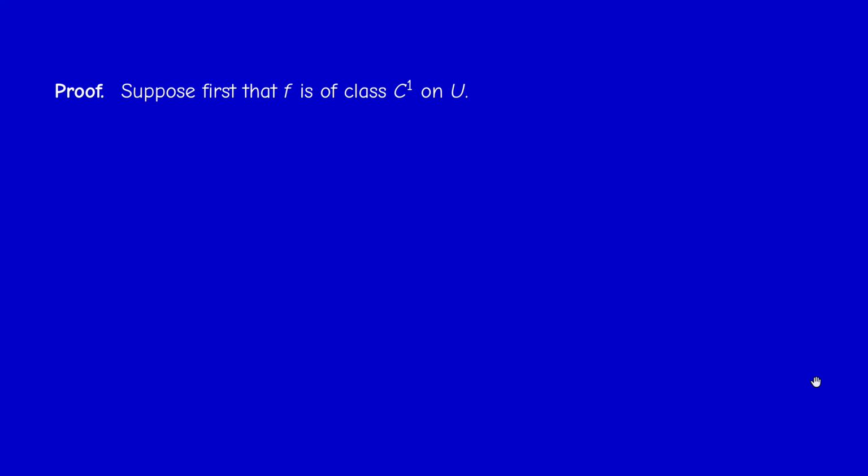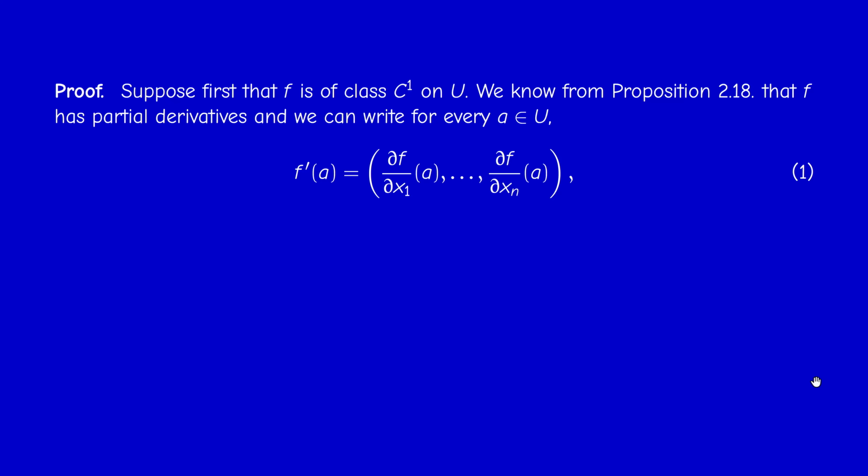If F is of class C1, then we know that the partial derivatives exist. And actually, the partial derivatives are the components of the Frechet derivative, of the total derivative, if you like.